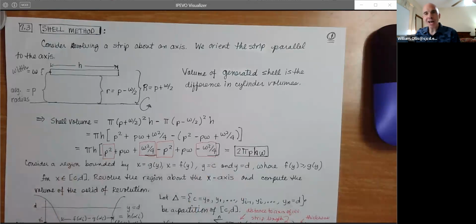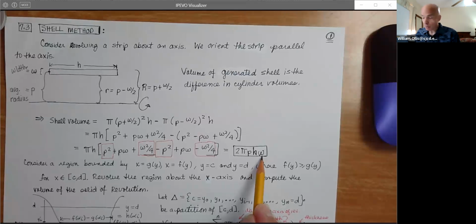When I was doing the symmetry in the previous problems, we had a 2 pi, but it was a 2 times a pi due to the symmetry. It was still the disk method. So what we have is the 2 pi, the distance to the axis of revolution, the length of the strip, and the width of the strip.